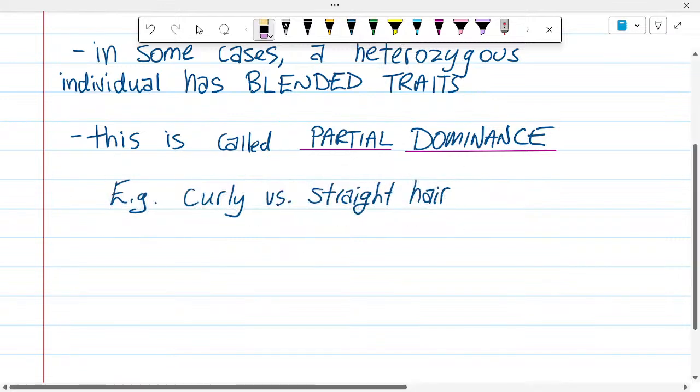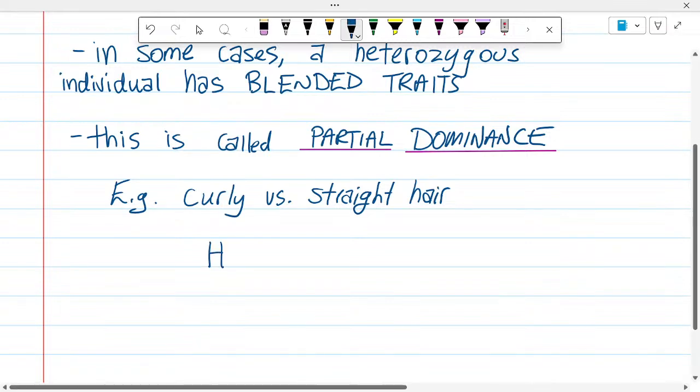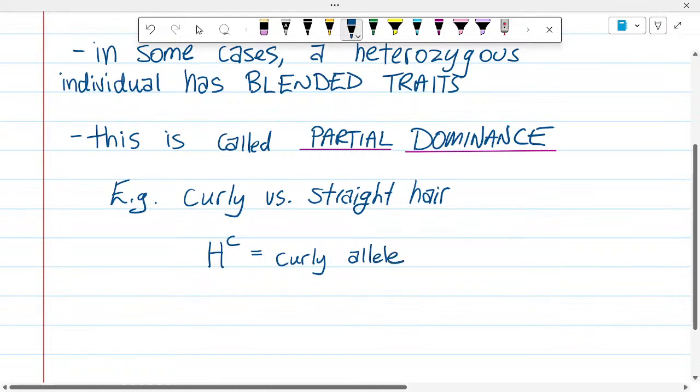Little c. But in this case, because one isn't dominant over the other, we say curly is partially dominant. We have a second convention we use sometimes where we'll say HC is the curly allele, and HS is the straight allele.